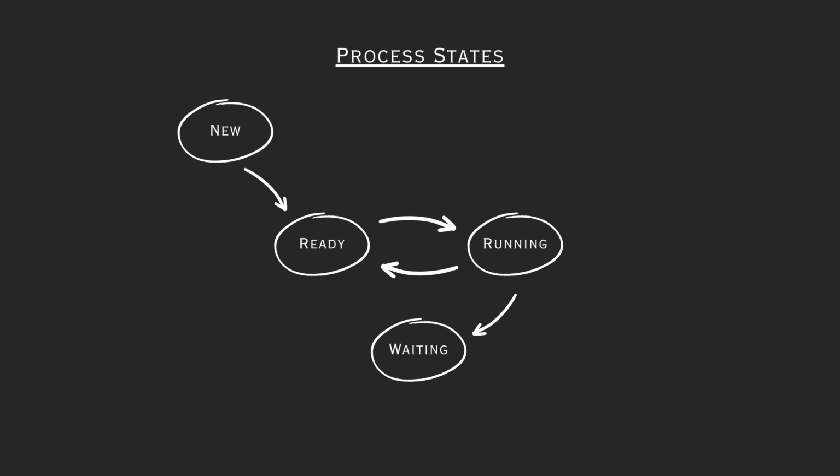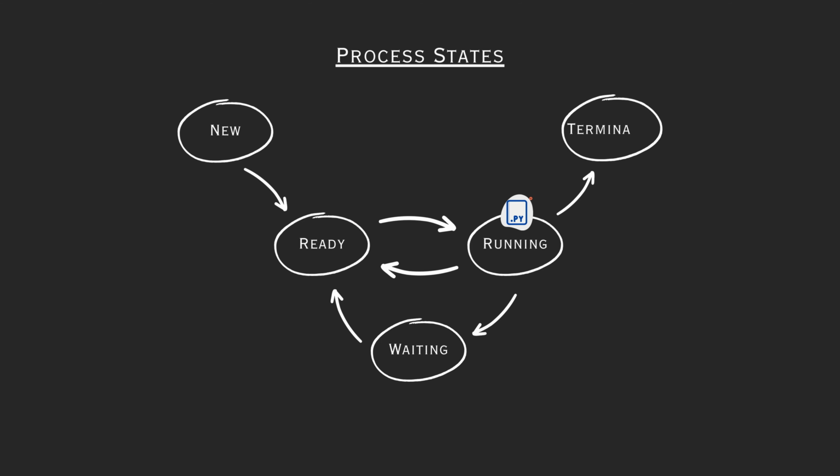Once the IO operation is complete, the process moves back to the ready state, where it's waiting for its turn for the CPU time. So once it's in waiting, it goes back to the ready state. It doesn't go back to running. It goes back to the ready state, back in the queue, waiting for its turn to be run by the CPU.